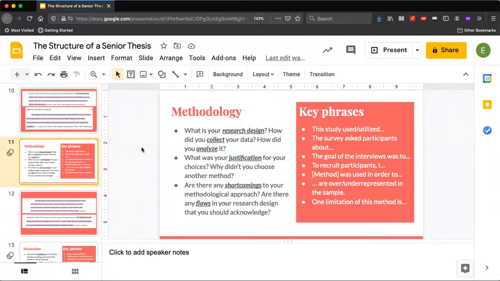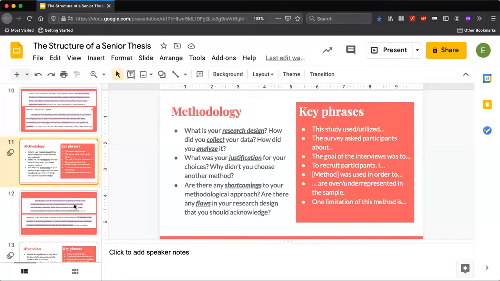Some kind of method was used in order to establish something. Something are over or underrepresented in the sample, maybe a particular age group, a particular major, a particular ethnic identity, whatever. One limitation of this method is blah, blah, blah.